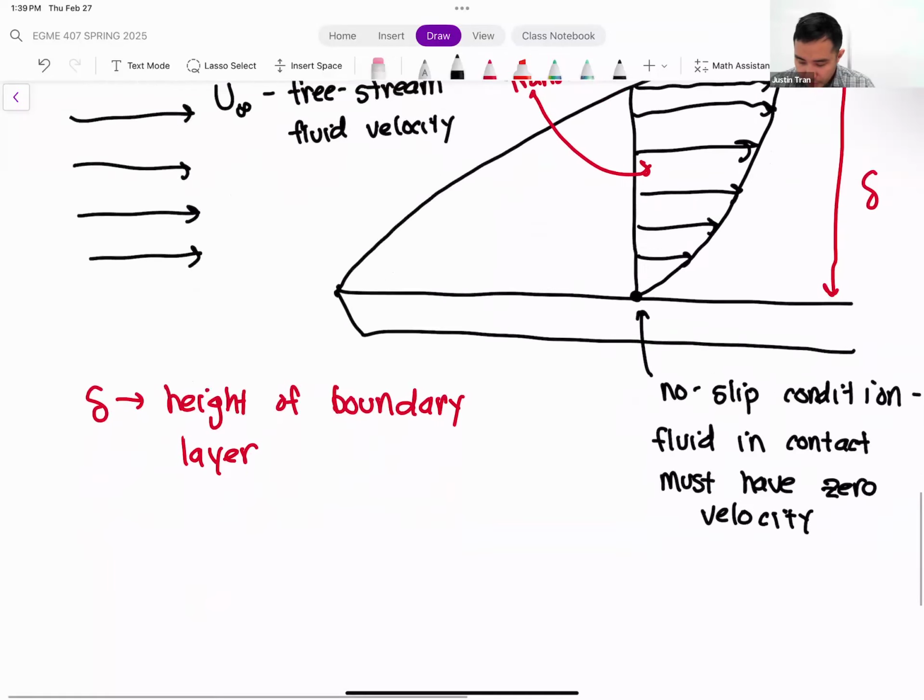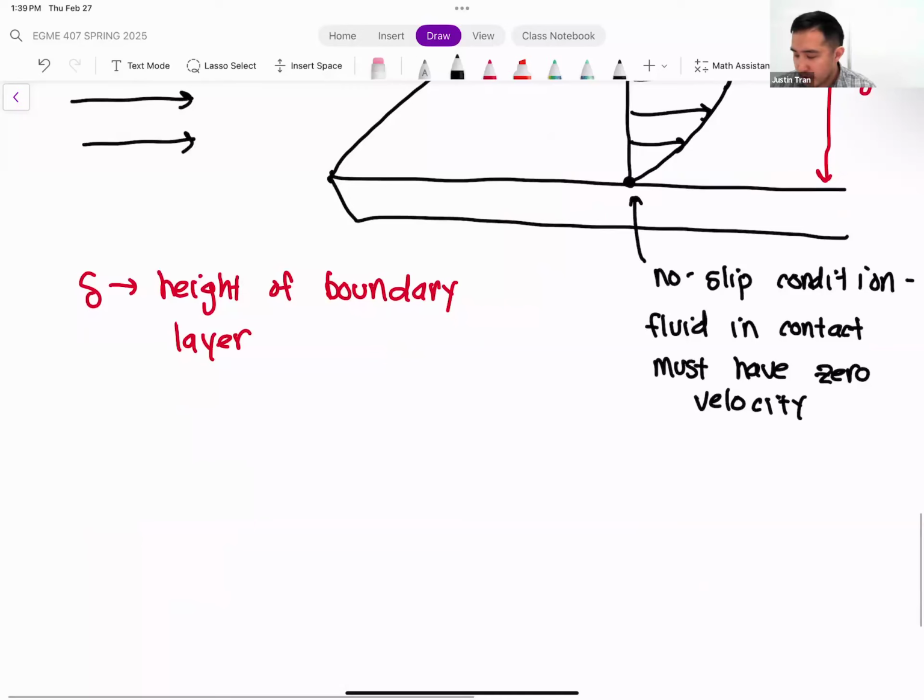Let's talk about this smooth transition, because I mentioned that this was the main reason. One of the main reasons that we have a smooth transition here has to do with the fact that viscosity exists.